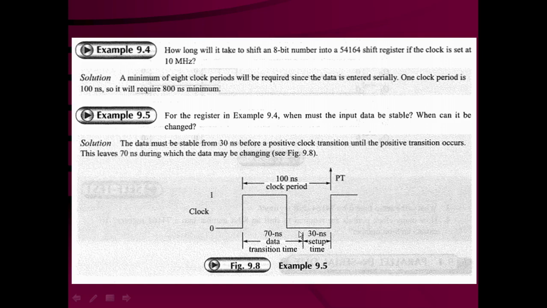For the remaining time, from this 30 nanoseconds here to here, data can be changed. So during this 70 nanoseconds you can enter the new data, or you can change the different data into the shift register at input pin A.